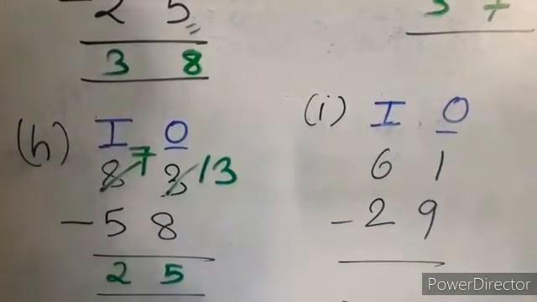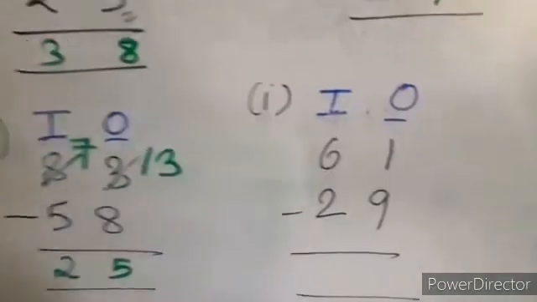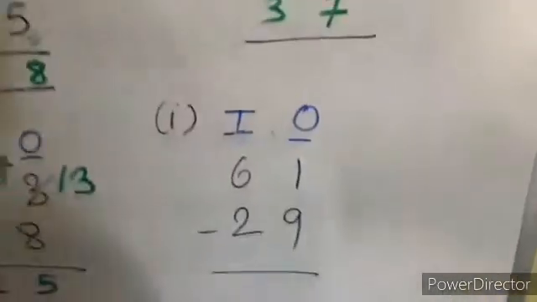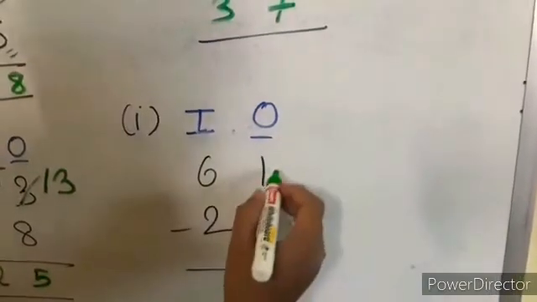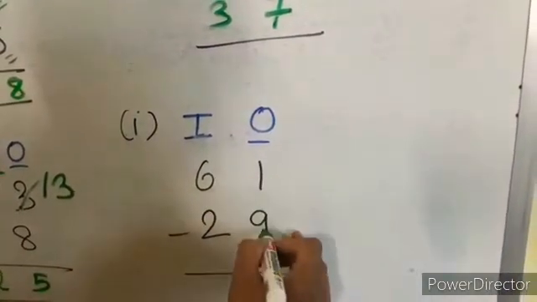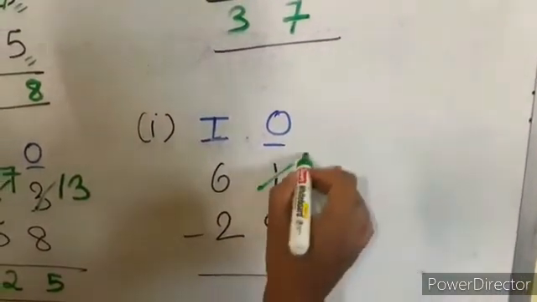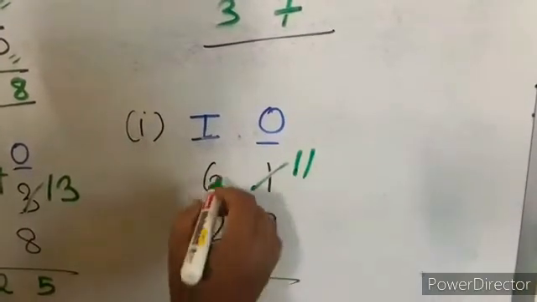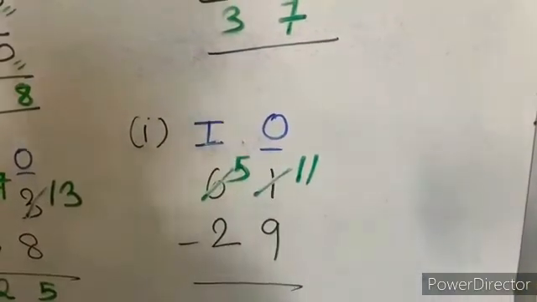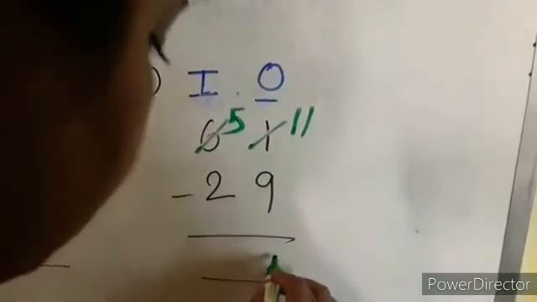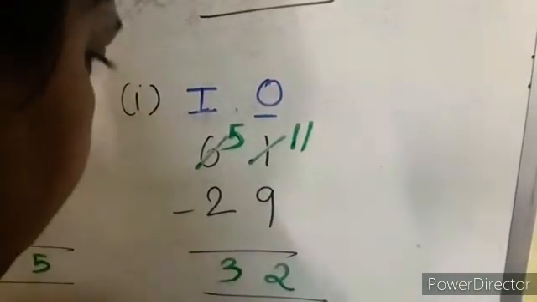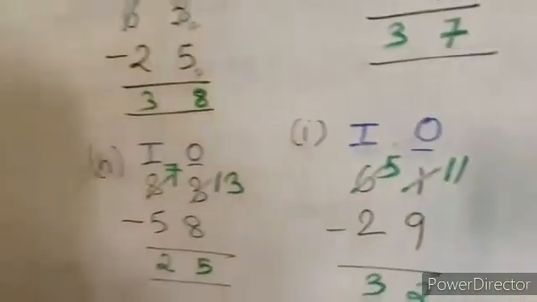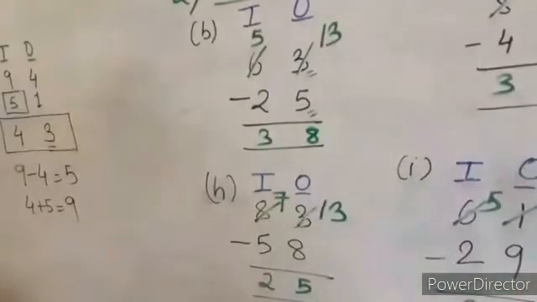Then here 61 minus 29. Same thing. This 9 is greater than 1. So we have to make it 11, and the 6 becomes 5. So the answer is 2 and 3. Like this way you have to do.